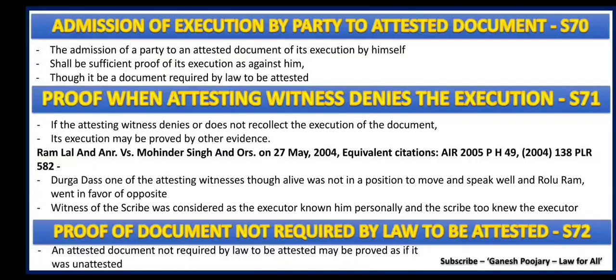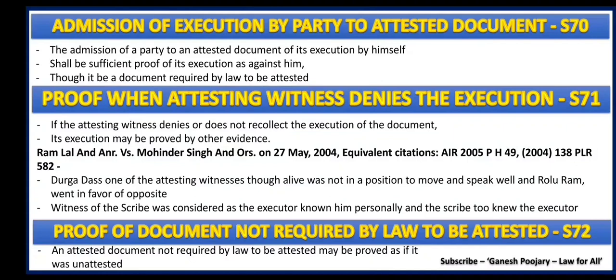The next section, that is section 71, is very interesting. This discusses about proof when attesting witness denies the execution. The provision says if the attesting witness denies or does not recollect the execution of the document, its execution may be proved by other evidence. Here there are two chances. Now the execution of the document happened.